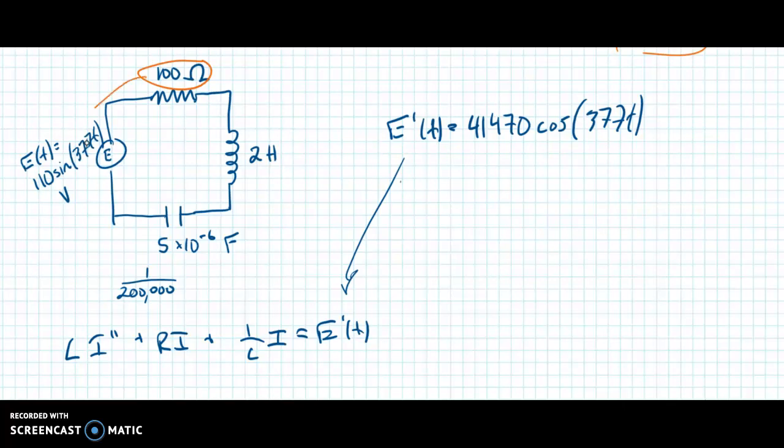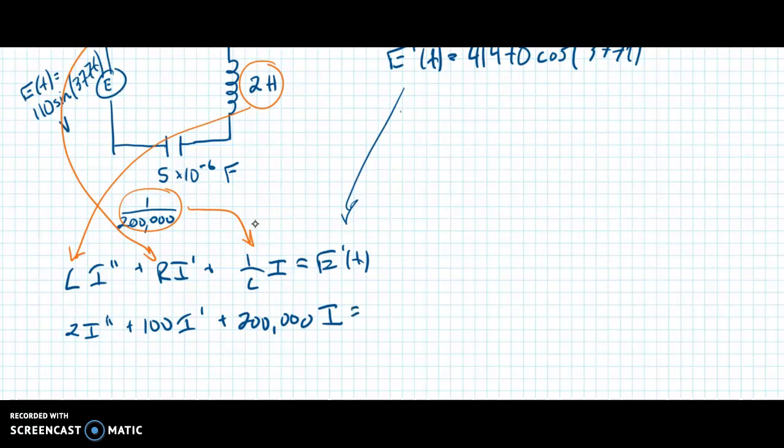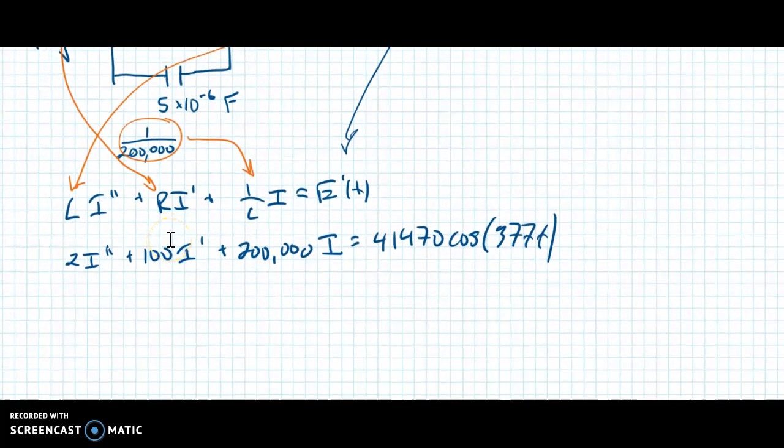The resistance, inductance and capacitance go on the left. So I get 2 I double prime plus 100 I prime plus, this is easy to flip, 1 over 1 over 200,000 is just 200,000, which is a massive number, times I equals 41470 cosine of 377t.